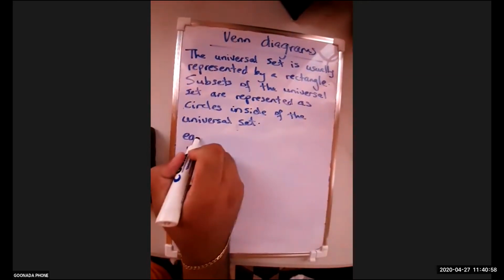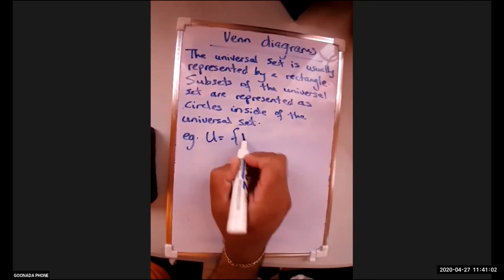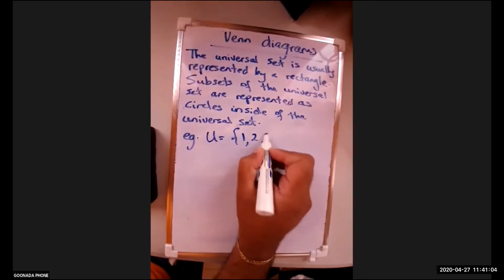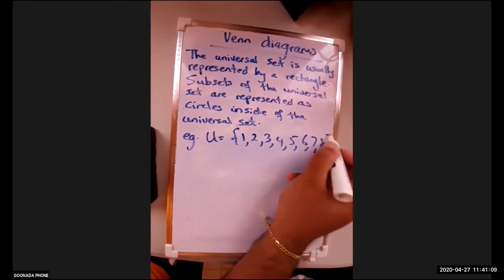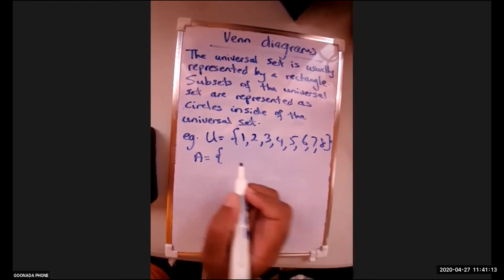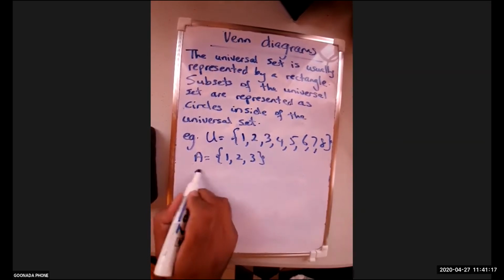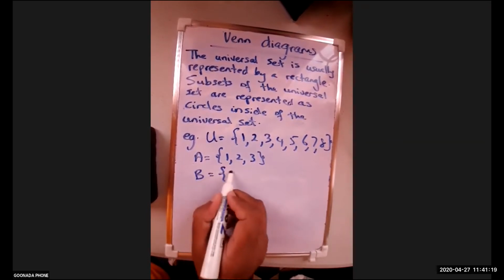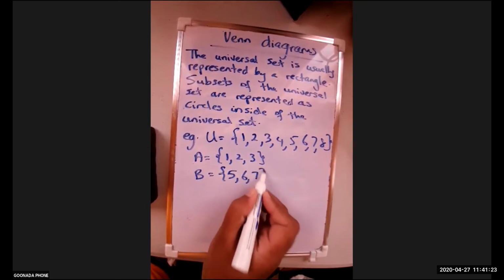So the universal set is 1, 2, 3, 4, 5, 6, 7, 8, and A would be, let's just say, 1, 2, 3, and B would be 5, 6, 7.